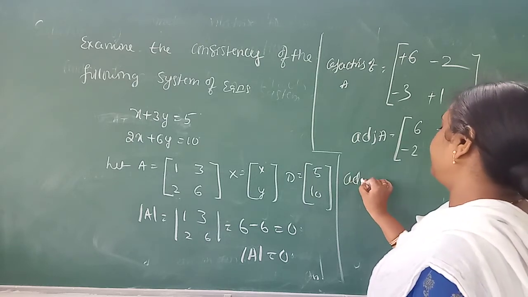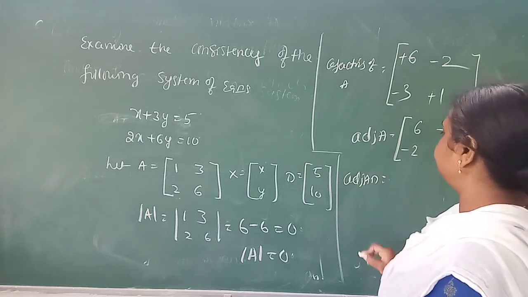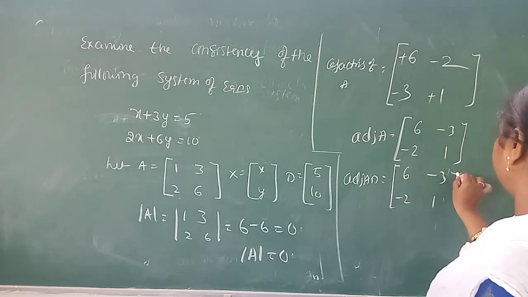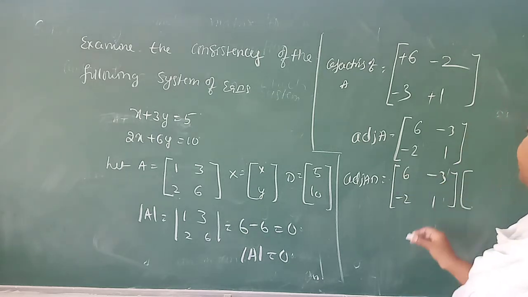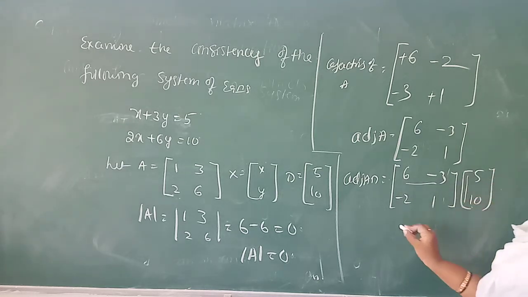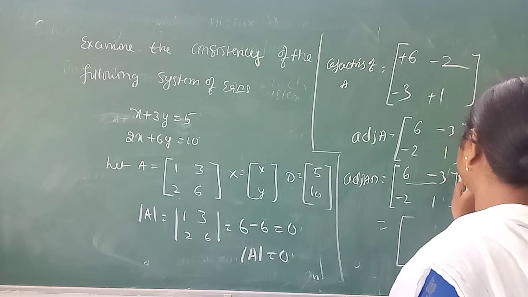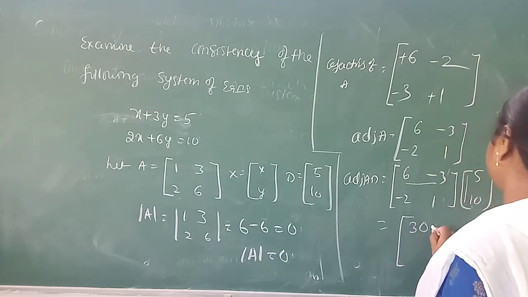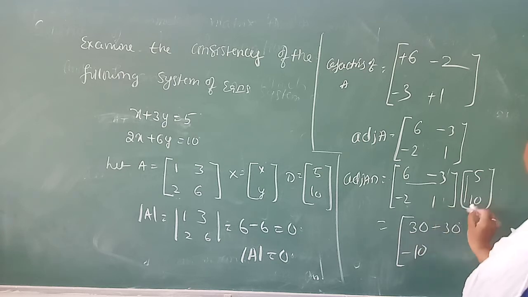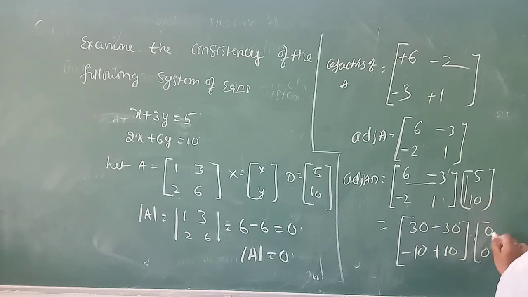Next, adjoint A into D. That is 6, minus 3, minus 2, 1 into D, which is 5, 10. Multiply first row by the column: 6 5s are 30, minus 3 10s are 30. Minus 2 5s are 10, plus 10. What you get is 0, 0.